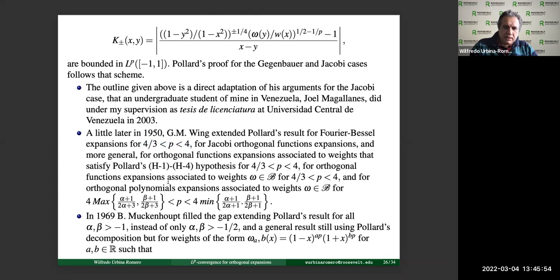And in 1969, almost 20 years afterwards, Muckenhoupt gave a proof that filled the gap. Remember that the Pollard result was for alpha and beta bigger than -1/2. But the Jacobi polynomials are defined for alpha and beta strictly bigger than -1, right?